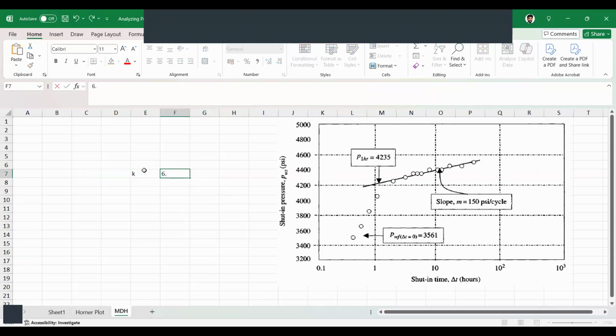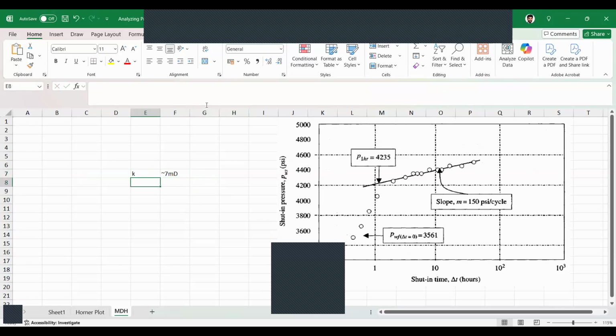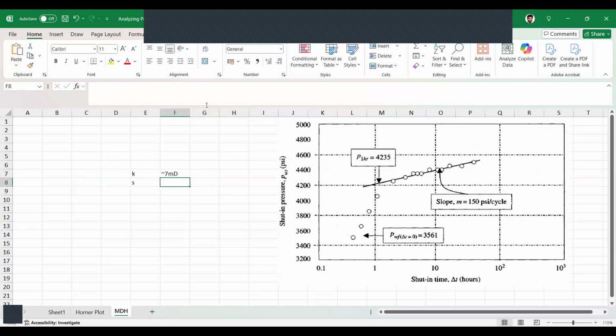It will be maybe 6.96 or somewhat close to 7 millidarcy. And skin factor is of course again positive, like the Horner plot. This will be close to 0.3 somewhere, positive skin.